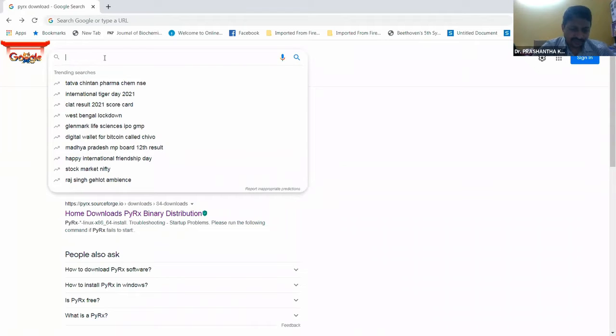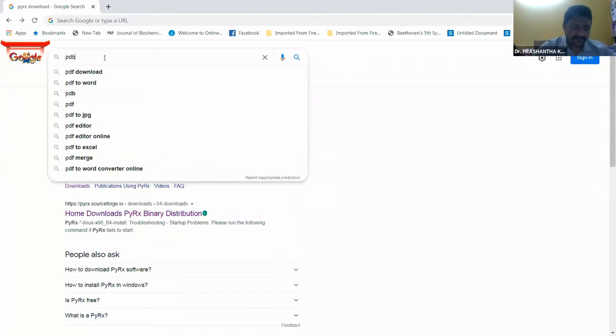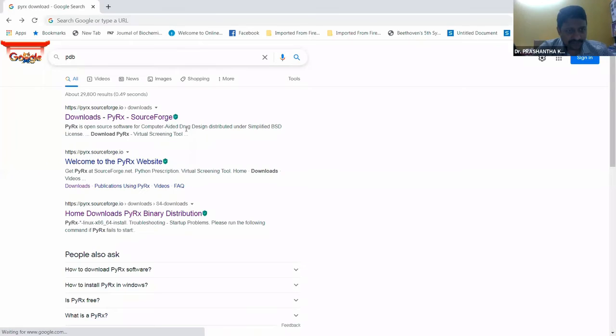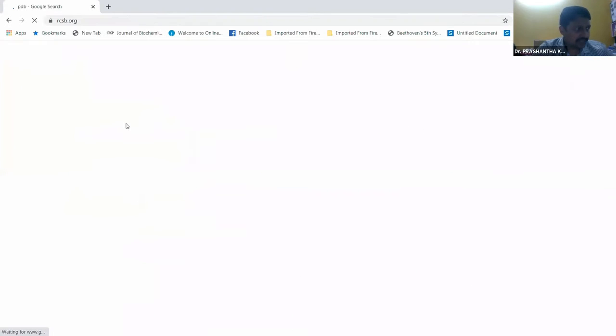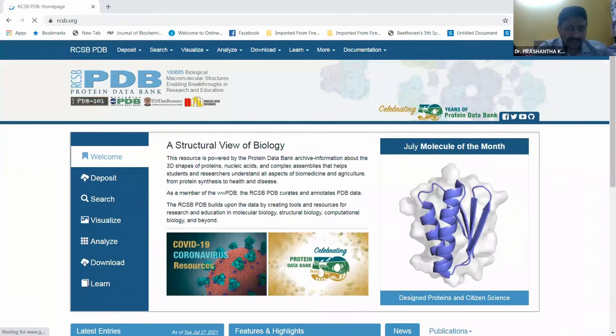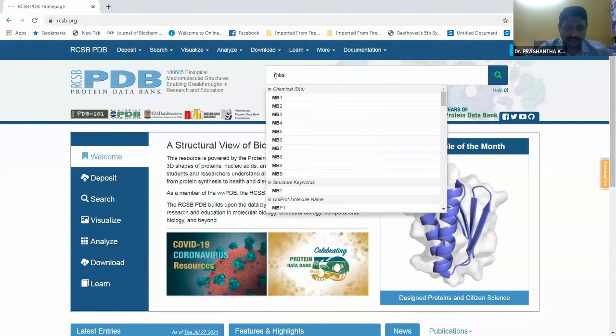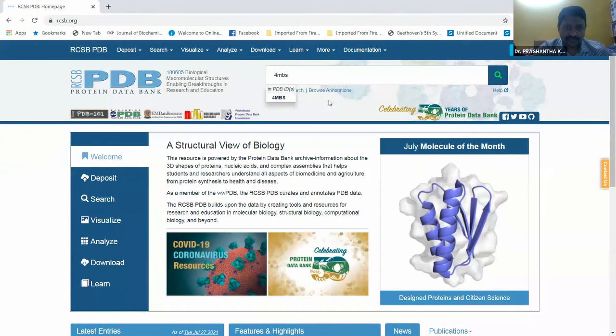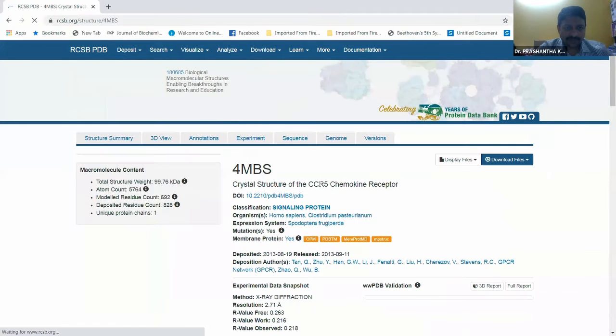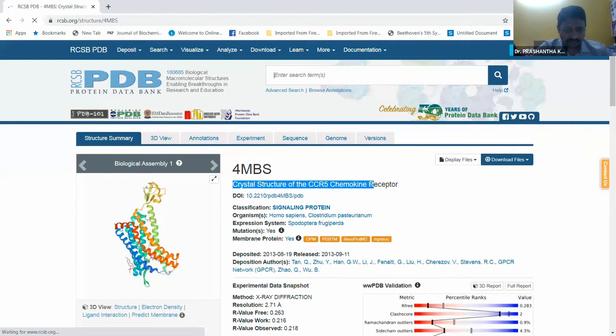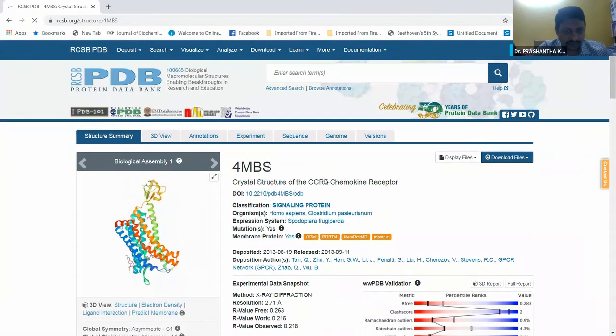We went to this PDB, right? Then we looked into the 4MBS structure, and when we type 4MBS, we obtain this crystal structure of the CCR5 protein.